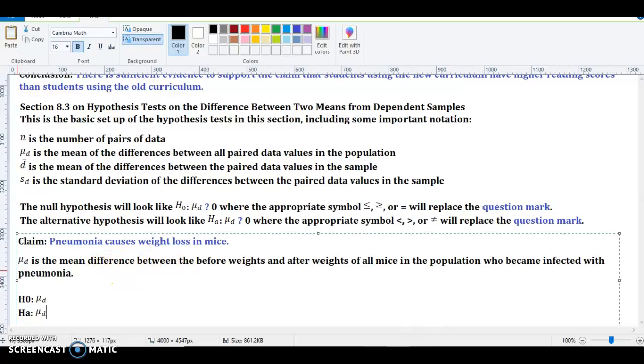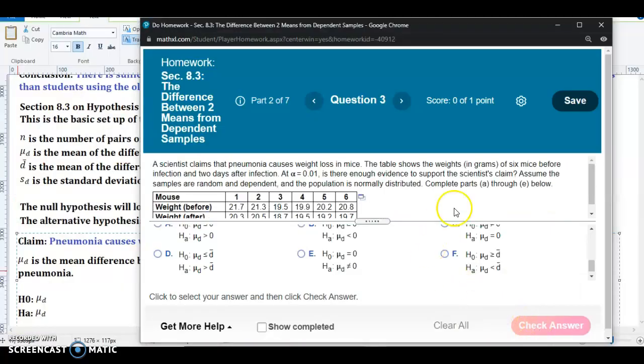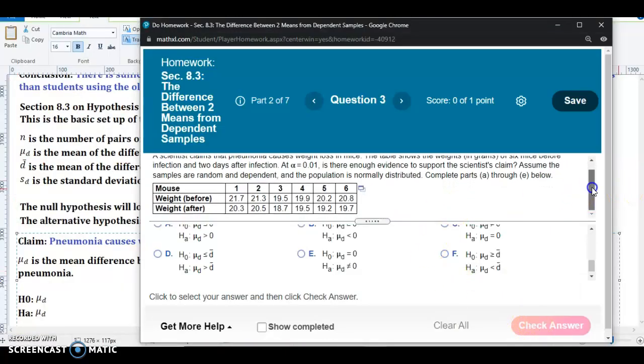Okay, so if you go back and look at the table, and compare the before weights to the after weights, you notice that the before weight is larger than the after weight.